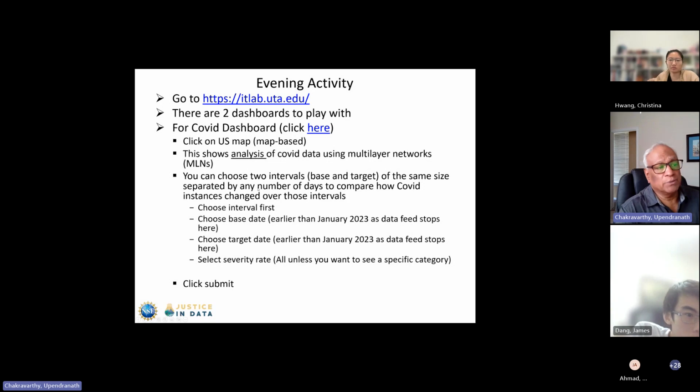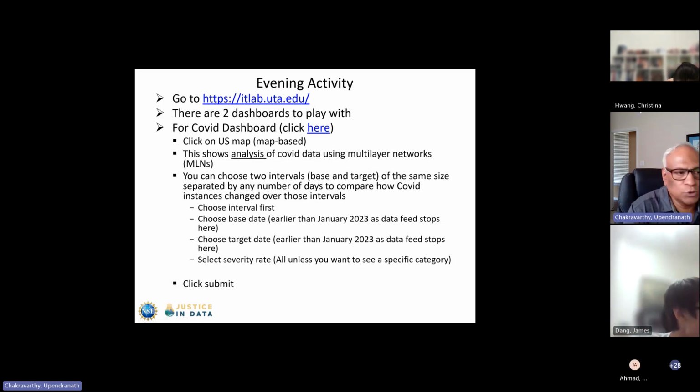You can choose 2 intervals, base and target, of the same size. That's automatically enforced: once you choose the interval and the start date, the interval is automatically determined, of the same size, separated by whatever number of days you want.